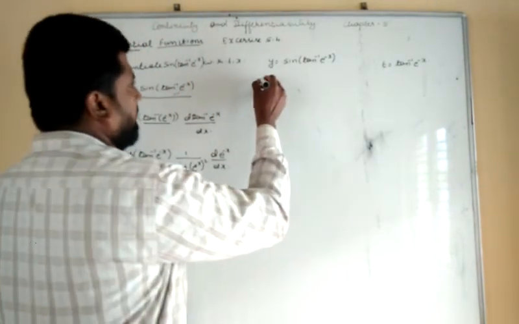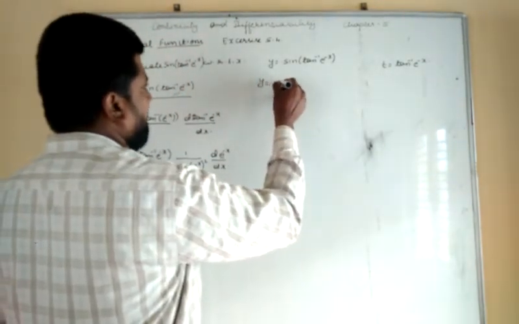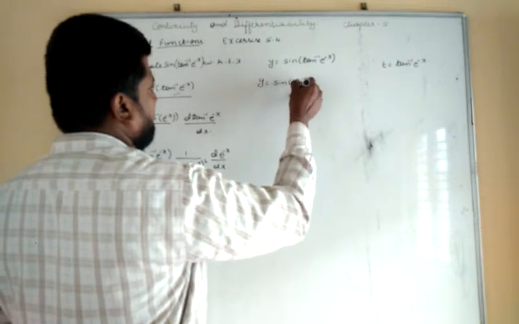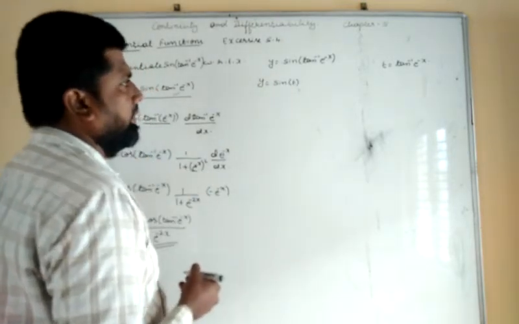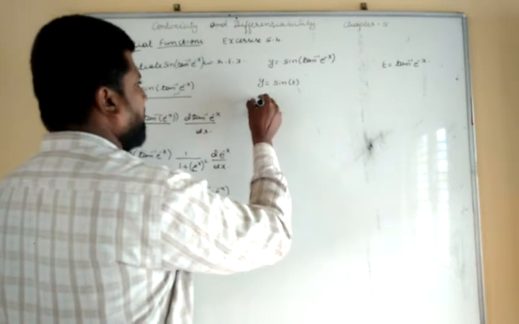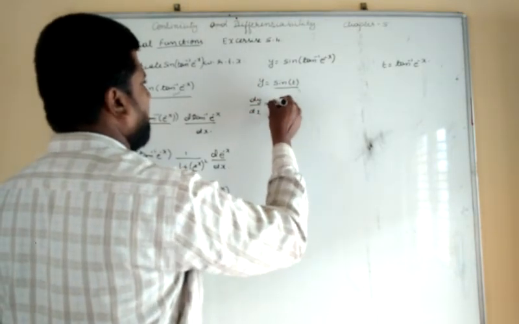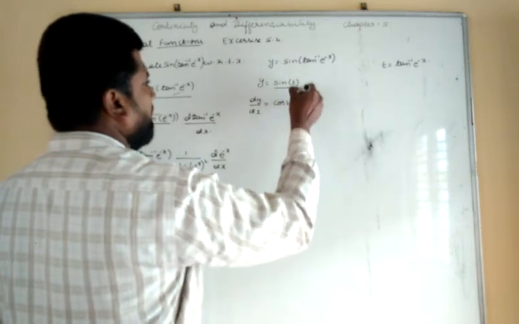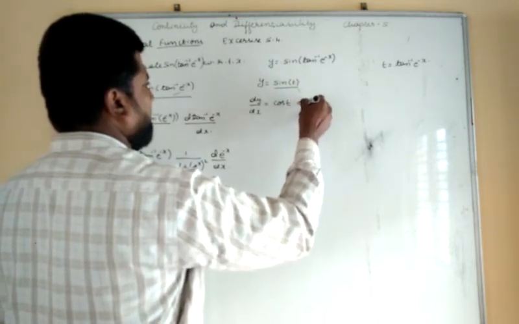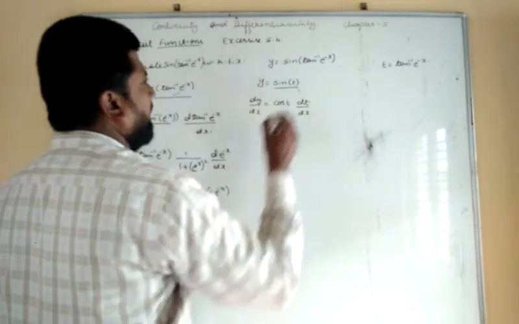So y is equal to sine of t. Differentiation of y with respect to x is equal to, sine differentiation is cos t, into dt by dx, since t is a function of x.